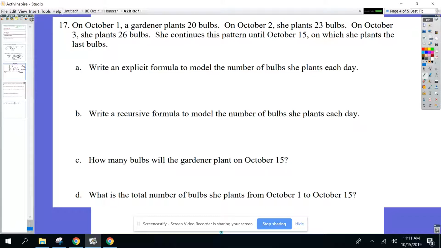Okay, write an explicit formula. I went over with you guys on Friday. Explicit formula is just another way of saying write an equation for the nth term.